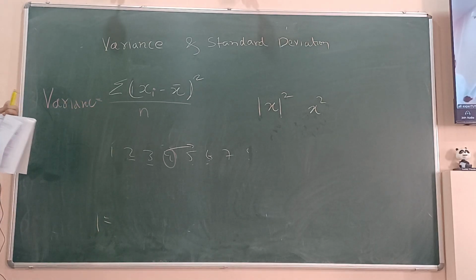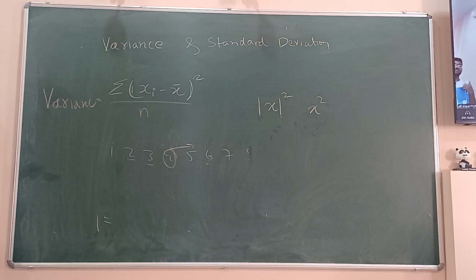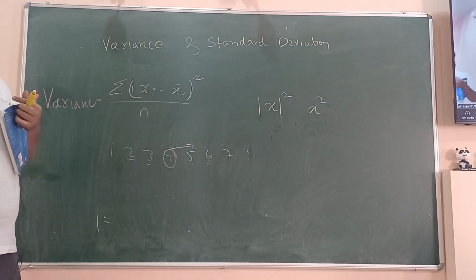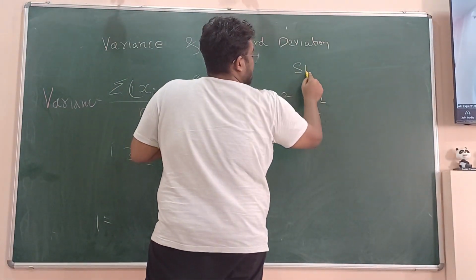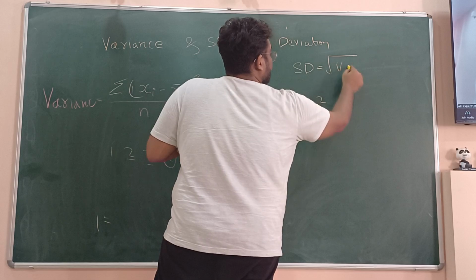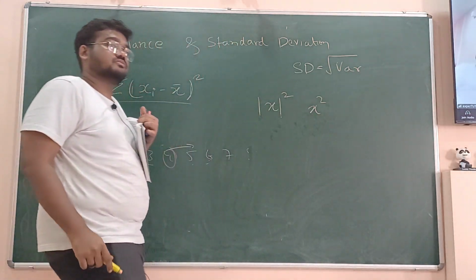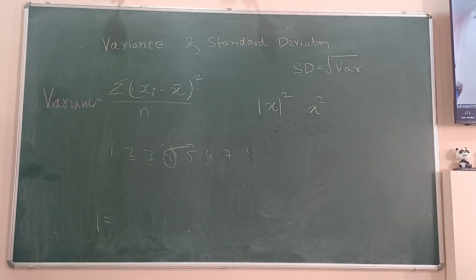Okay, sigma of xi minus x bar square divided by n. And standard deviation is nothing but the square root of variance. So standard deviation SD is the square root of variance. Understood? Write this, write that.